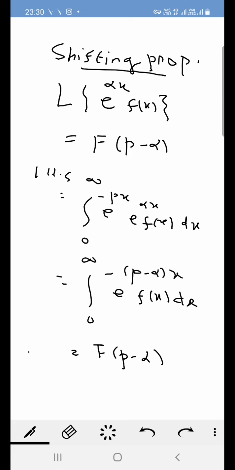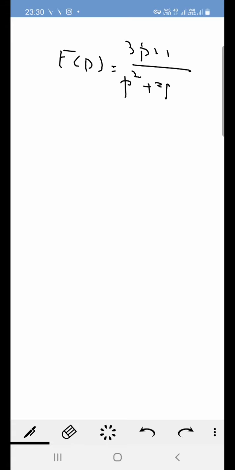So let us see how it can be used. The function of p is 3p plus 1 divided by p square plus 2p plus 5.